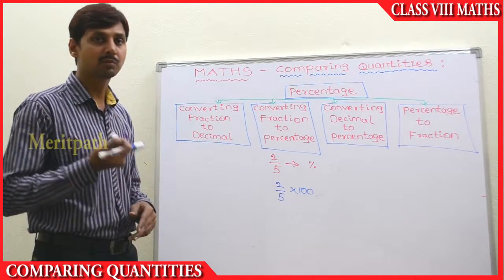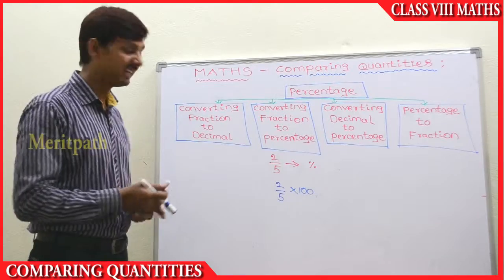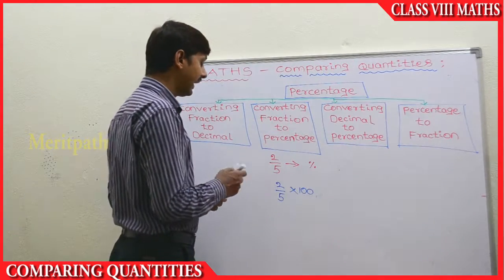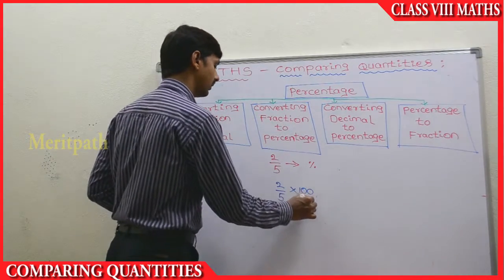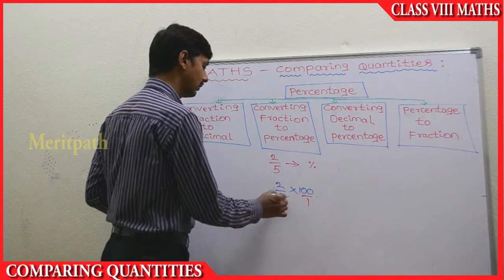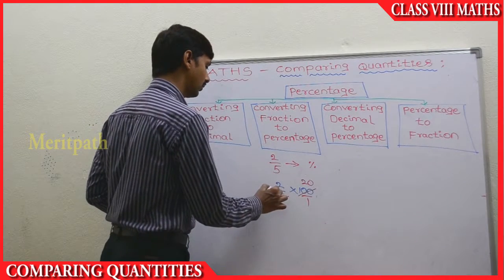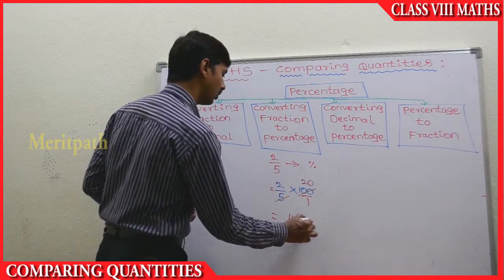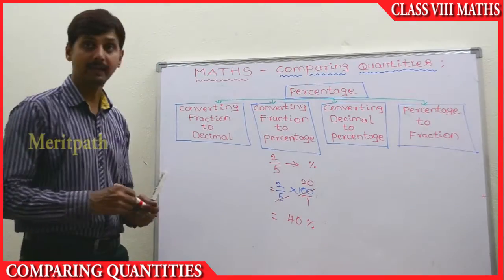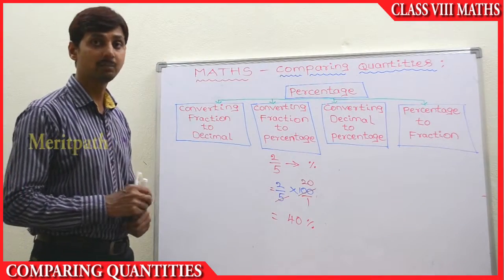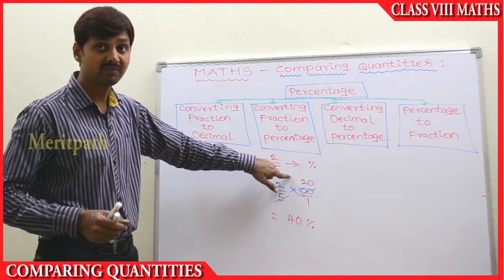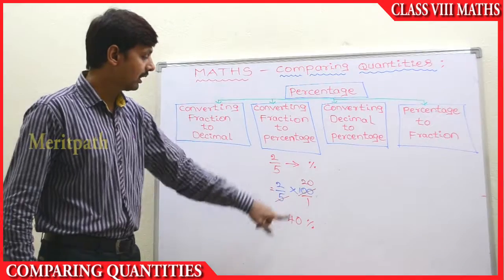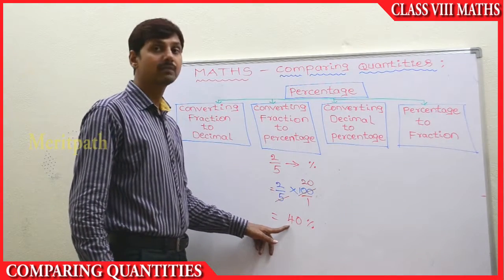Let's cancel this. Because the denominator 5 and the numerator 100 give 20, so we write 2 into 20 is 40, so 40%. When we change this 2 by 5 fraction to the percentage, then it becomes 40%.